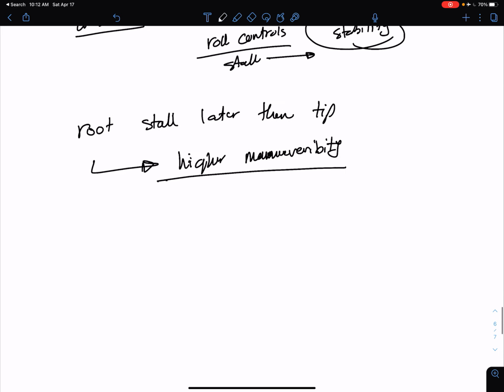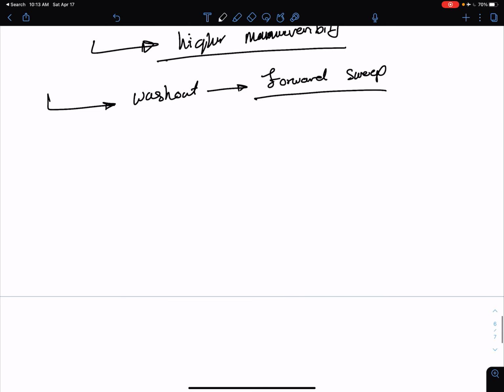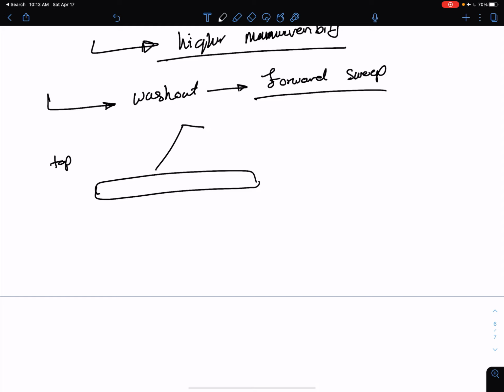A washout design is usually combined with something called a forward sweep. So you have your regular backward sweep and also your forward sweep. What does this forward sweep mean? If you have, this is a top view of an aircraft. Your regular planes look like this.